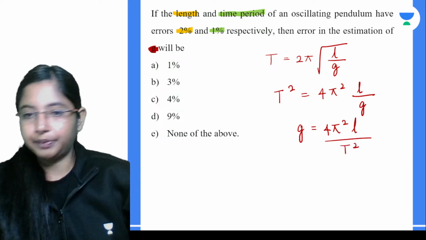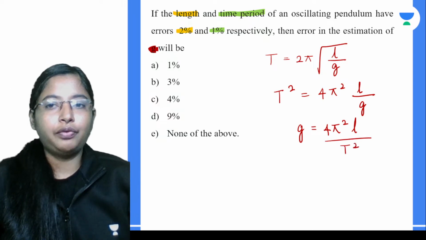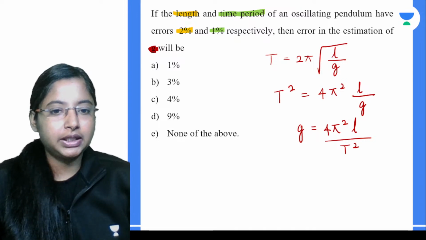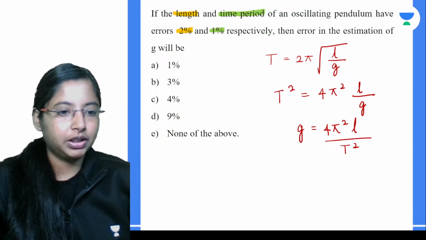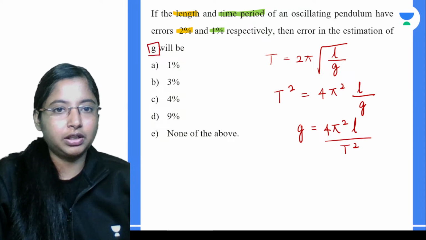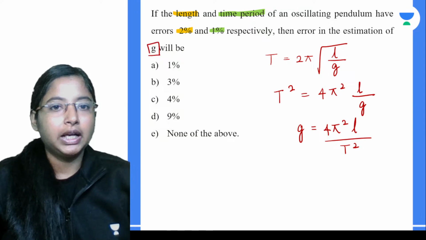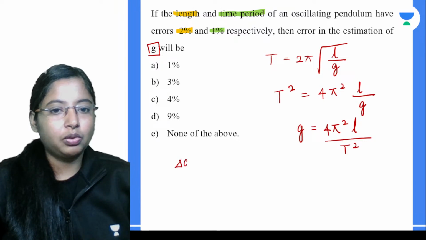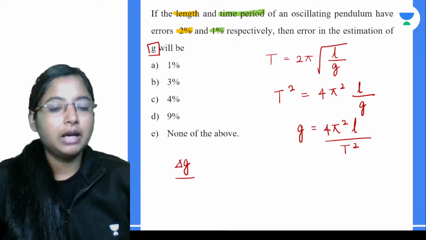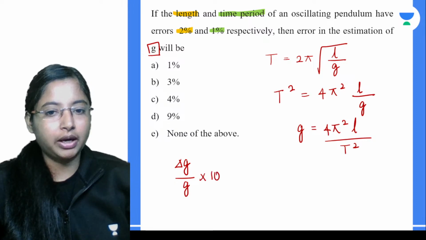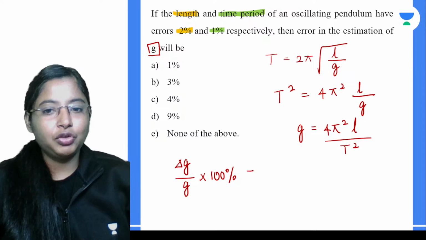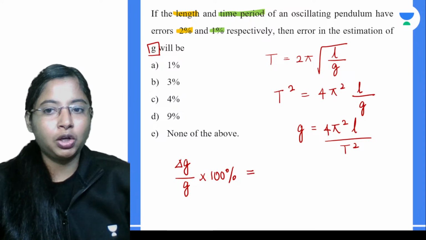They are asking us to find the error in the estimation of G, that is, the percentage error in terms of G. The percentage error in G is the absolute error in G by the actual value of the acceleration due to gravity into 100%, which is equal to, 4 and pi square are constant values, so you will not find error in them.